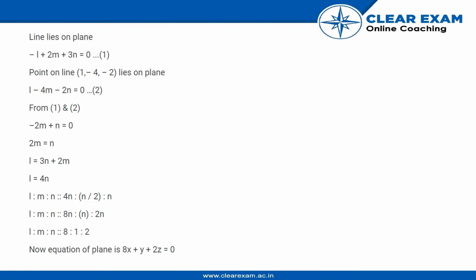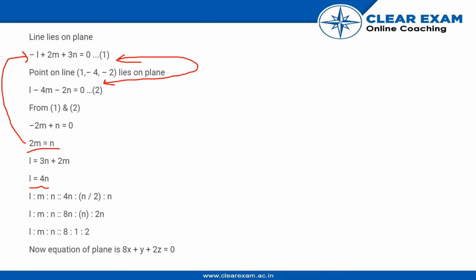After solving these two equations, we get m in terms of n, and we also need L in terms of n. So we put 2m = n in the first case and get L = 4n. Now we need the ratio to find the direction ratios for the normal, which will directly give us the equation of the plane.